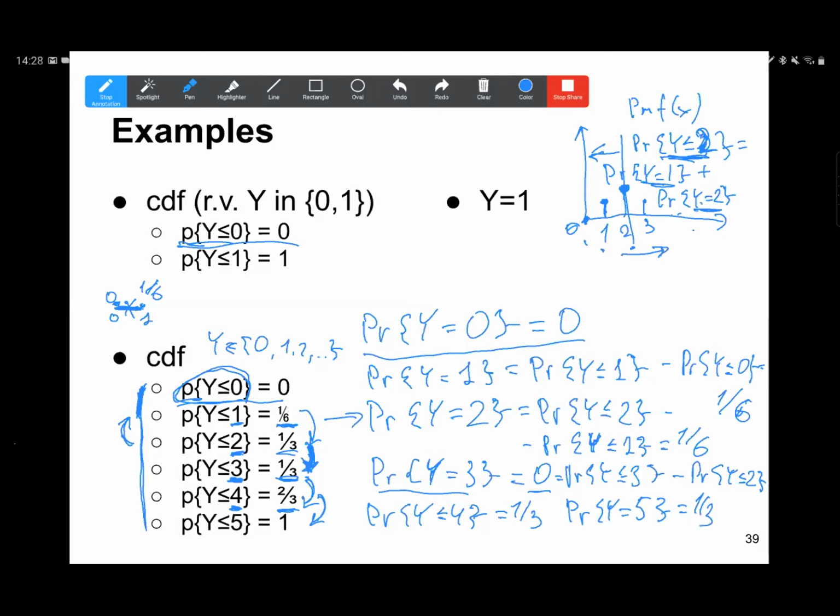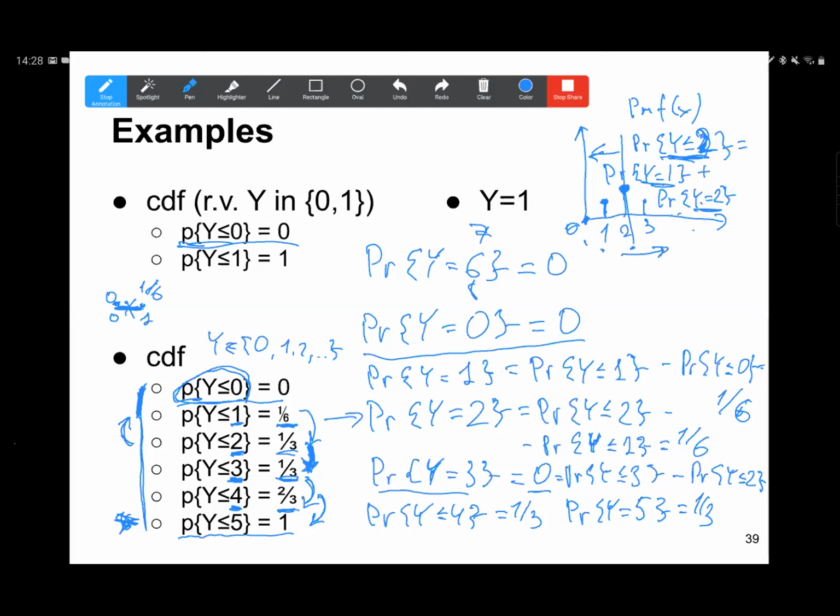And the probability of this random variable being equal to 6, what is that? Yes, it's 0. Look here: this random variable is for sure at most 5. The probability of it being smaller or equal to 5 is 1. So the probability of it being equal to 6, 7, 8, or anything else is 0.